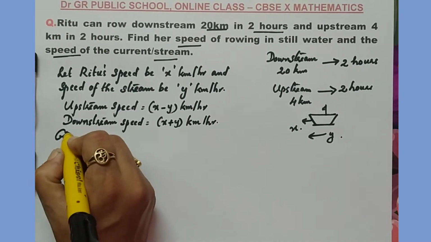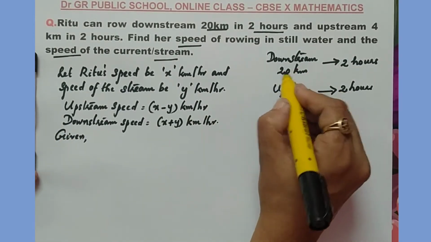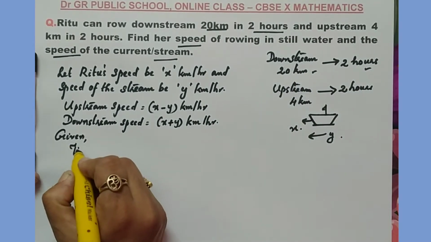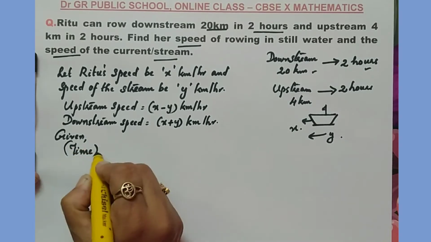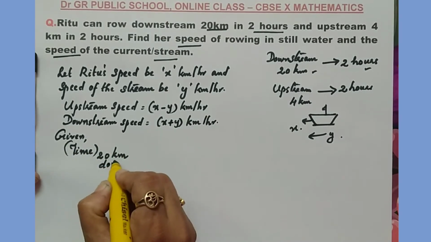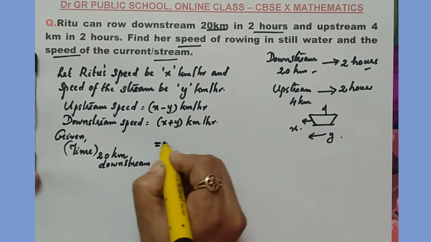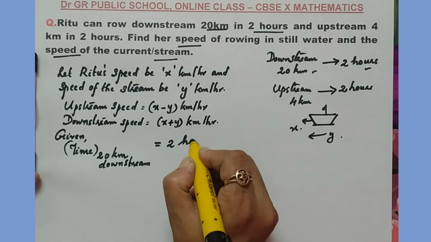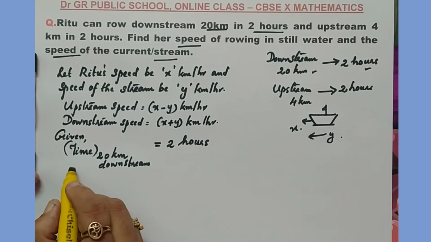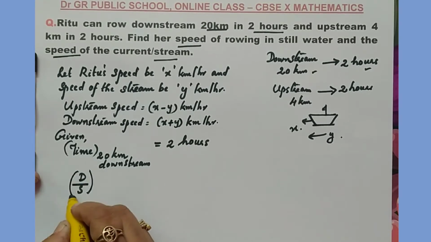What is given to us? The time for 20 kilometers downstream is given as 2 hours. But we know time means distance by speed.